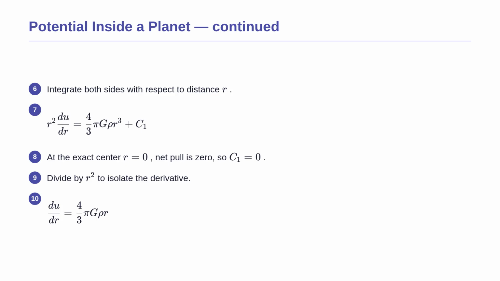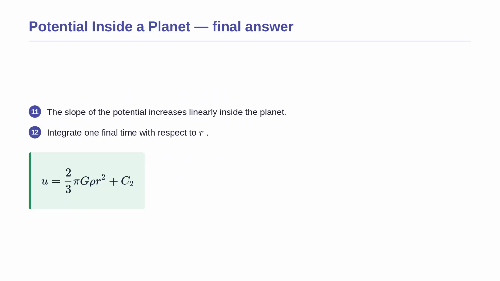With the constant gone, we divide by the squared radius to isolate the derivative. This intermediate equation tells us that inside the planet, the slope of the potential increases linearly as you move away from the center. To find the actual potential u, we integrate one final time with respect to the distance r.